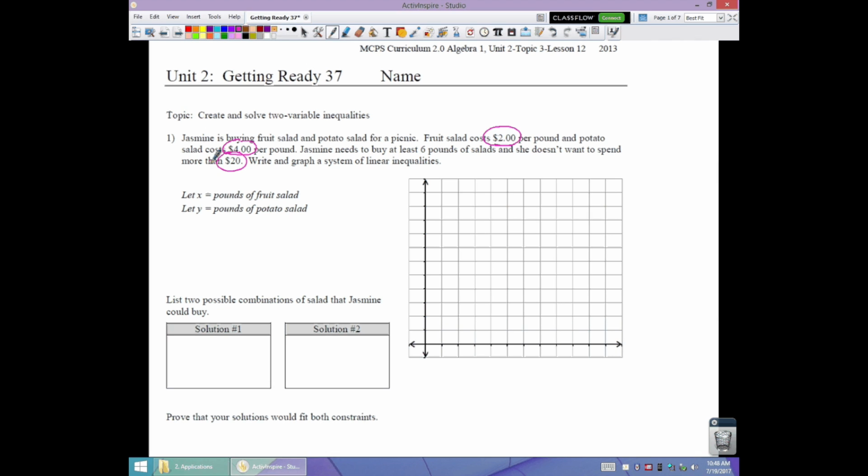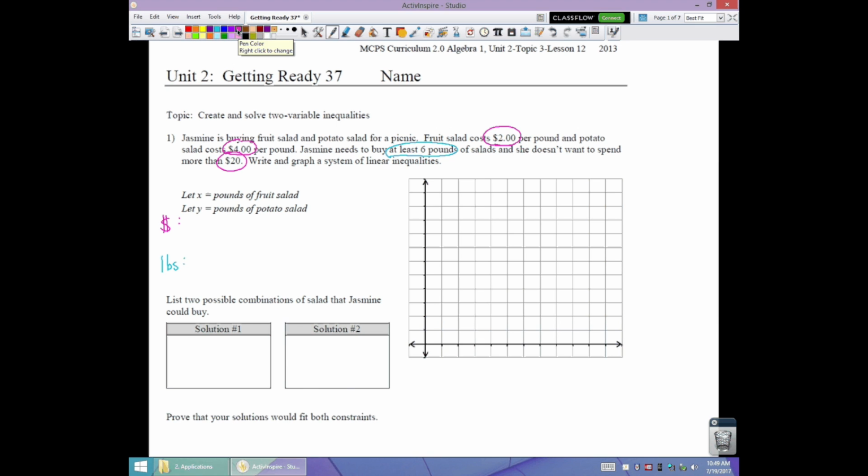They've also told me how many pounds of salads she wants to purchase. So one inequality is going to be about the money, and one is going to be about the amount in pounds that she is going to provide.